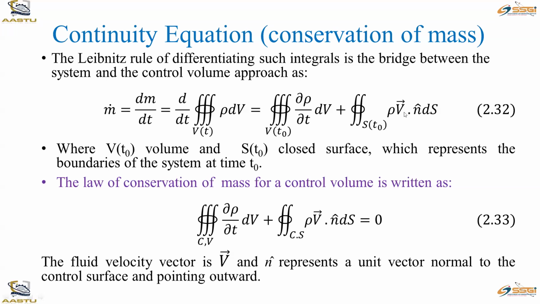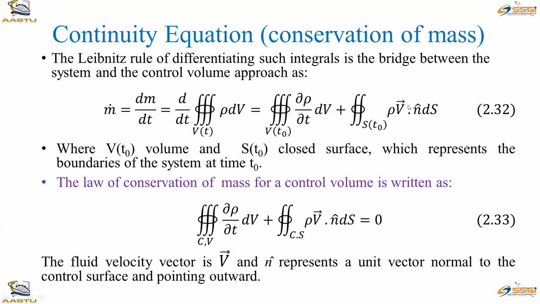Therefore, here what you can see is V is the fluid velocity vector. The fluid velocity vector is a function of x, y, z, and t in three-dimensional representation. Time is one of the quantities here. Space and time will come into the picture.